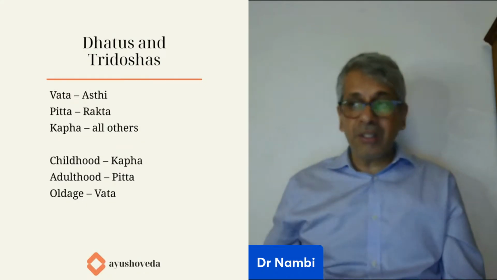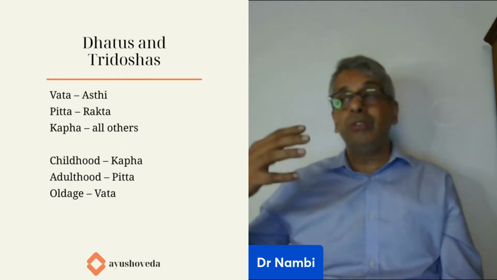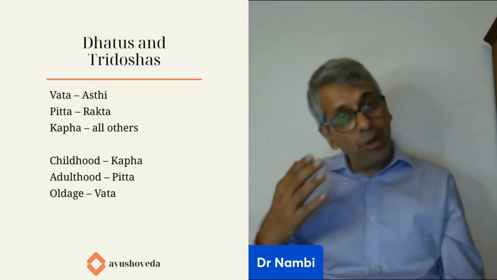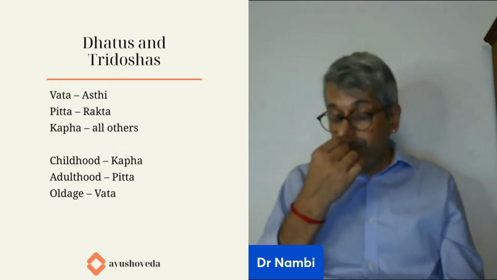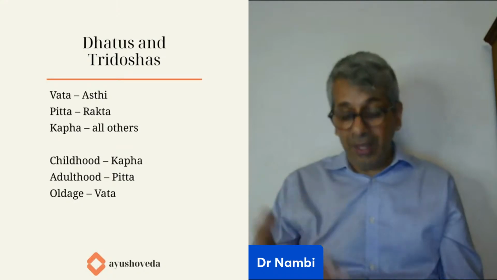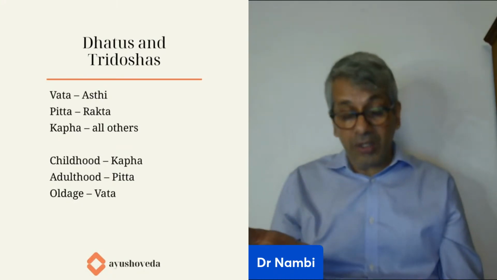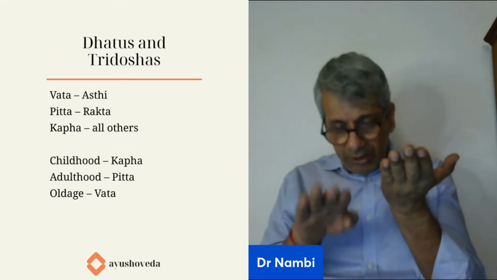And then the third stage, old age, is Vayu, where depletion happens, breakage happens, denourishment happens, and you are going towards death. So that is the Vata stage. Okay, so when you look at Vata and Asthi, as you age, when the Vata goes up, the quality of Asthi goes down.